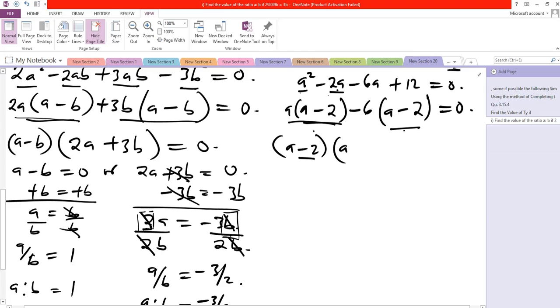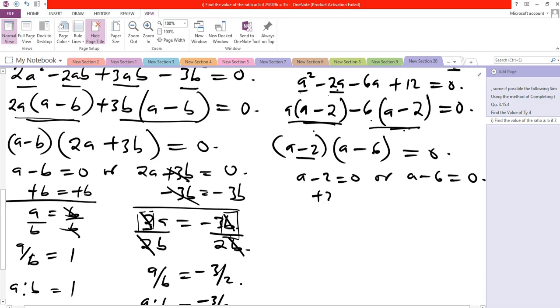If you use this to divide this second term, you're left with minus 6, equal to 0. So finally we have a minus 2 equal to 0, or a minus 6 is equal to 0.